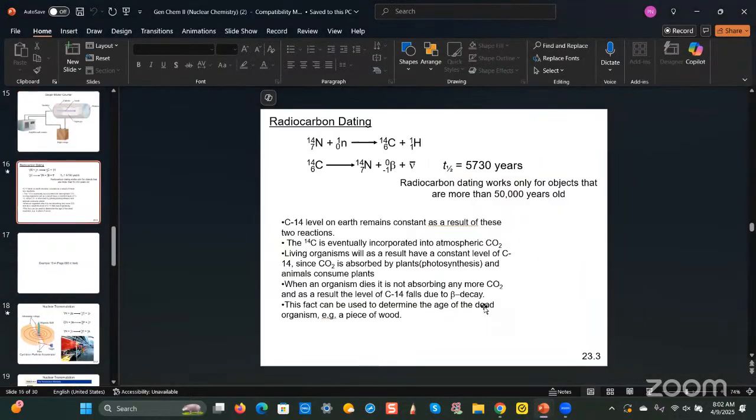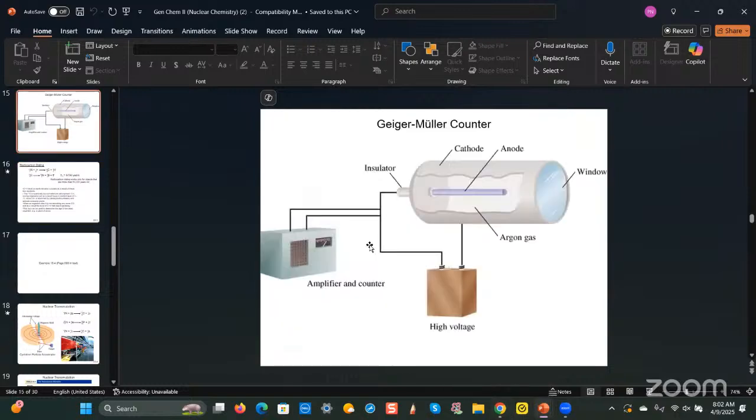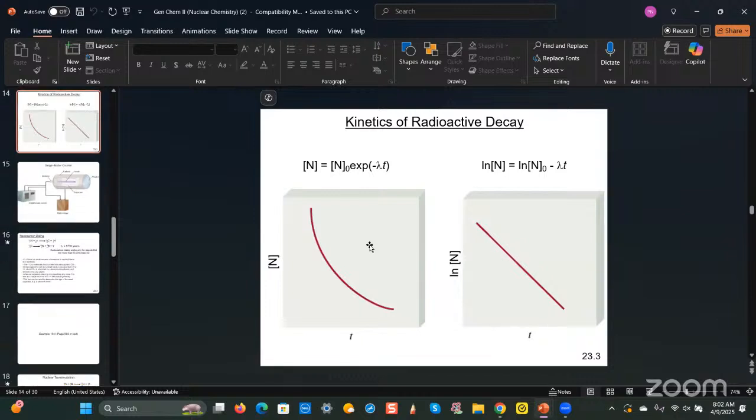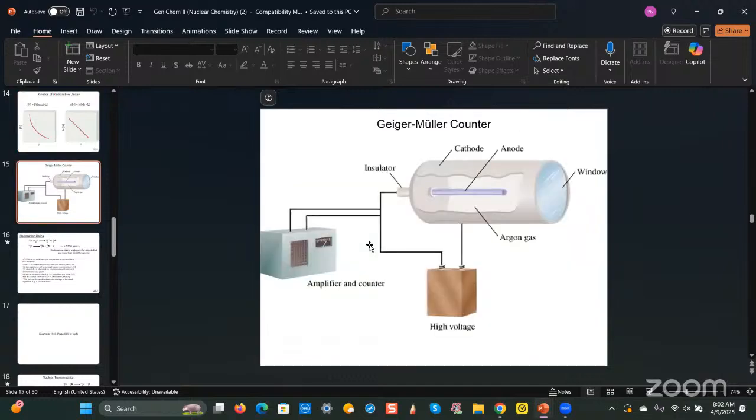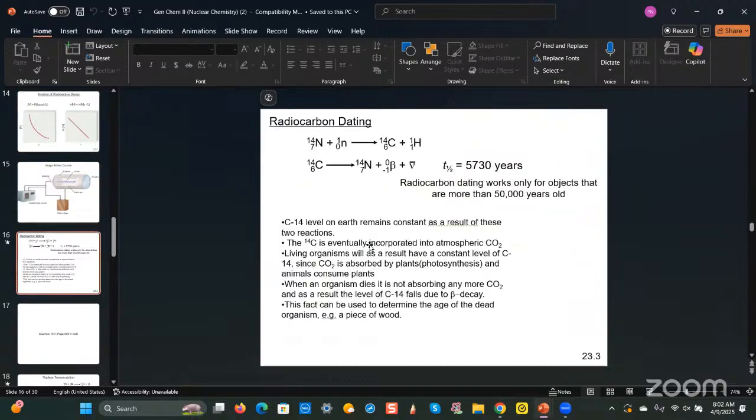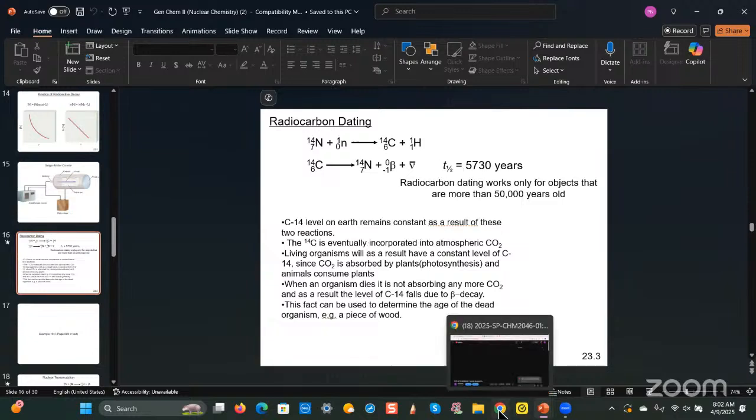We ended last class with some problems dealing with radiocarbon dating. Wait, did we do radiocarbon dating? I know we did this. I remember describing these graphs, and I also remember discussing the Geiger counter. I know we covered this, but I don't remember if we discussed any problems.